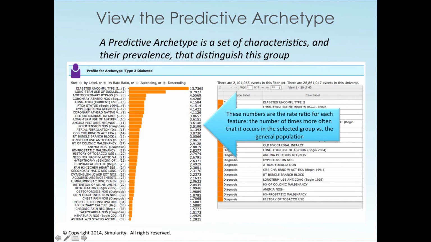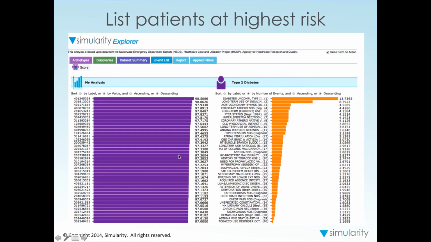In this case, these features are diagnoses. And a rate ratio is the number of times more often that this diagnosis occurs in the group of people with type 2 diabetes than it does in the general population. So you can say people with type 2 diabetes are 4.5 times more likely to have an aortocoronary bypass than the general population. So then it's really easy to score your patients against that.